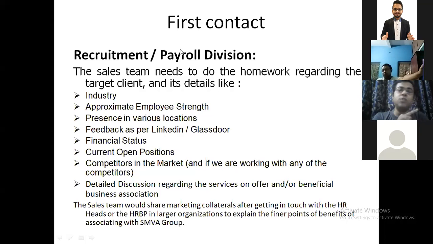Now this is also an additional thing: the company will ask what you know about them, and what kind of requirements you think they have. At that time you will be able to present yourself, saying, see, I have visited your website, so these are the vacancies which you have, and we have got a good number of closures from different other clients in a similar category.